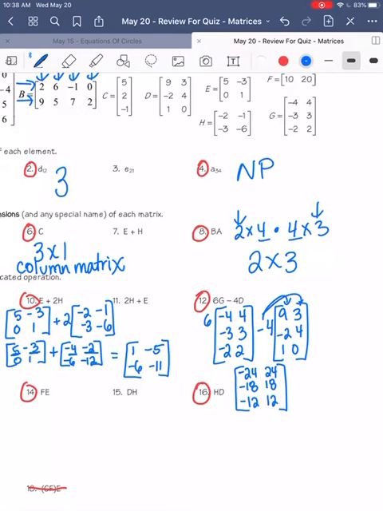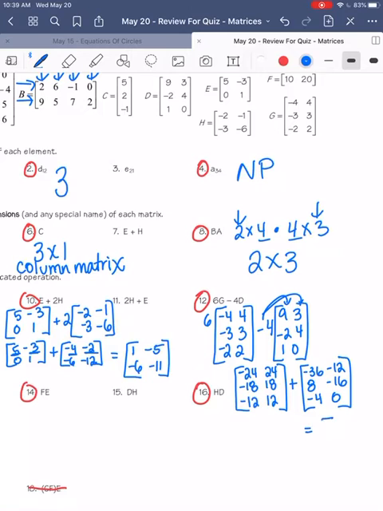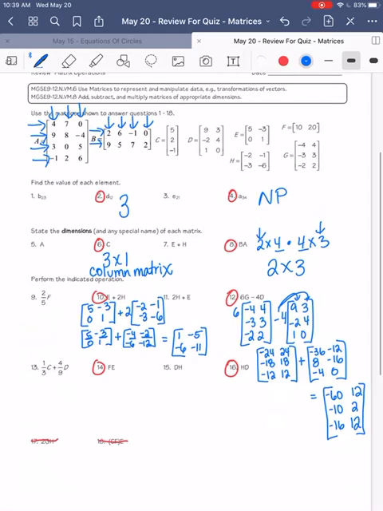Now when I distribute the negative 4 to each of these, it's going to turn into a positive. And now I can add them up. Do I have room? No. So my answer will be... okay. Does everybody feel okay with that?